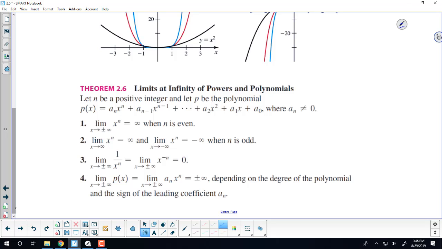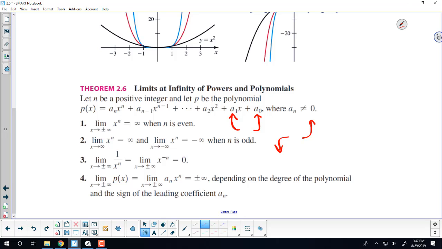So, if we go back to our leading term test, it's positive infinity when x approaches infinity, negative infinity when x approaches negative infinity for the odd degree polynomials. So again, maybe think about this in behavior.